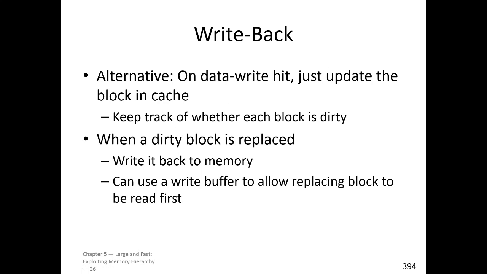On the other side, another way you could do it is if you have data that's in your cache already, when you write it, you just update cache. And then you only replace what's called a dirty block, or something that's inconsistent between your cache and your main memory, when you need to overwrite your cache.